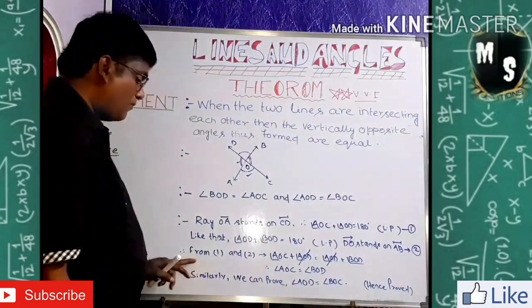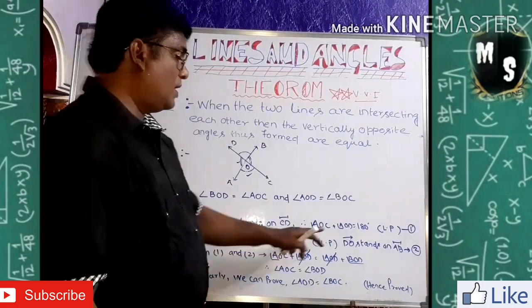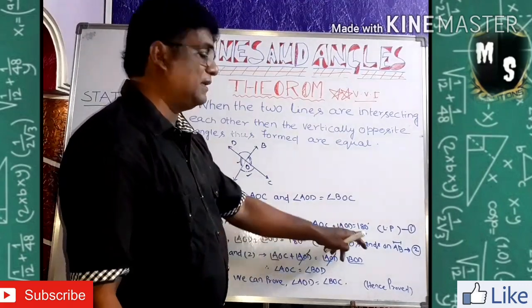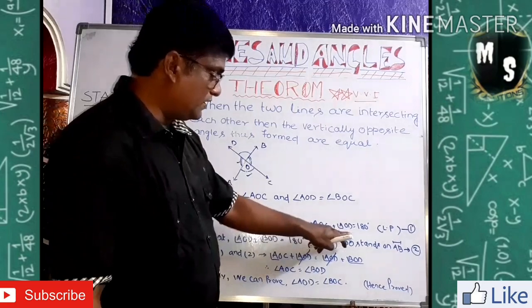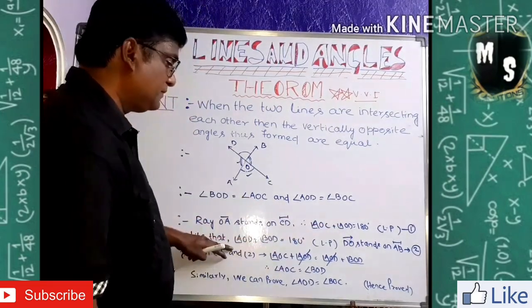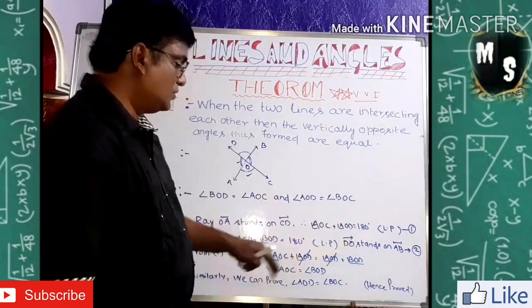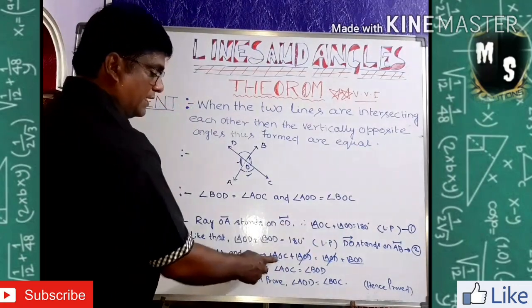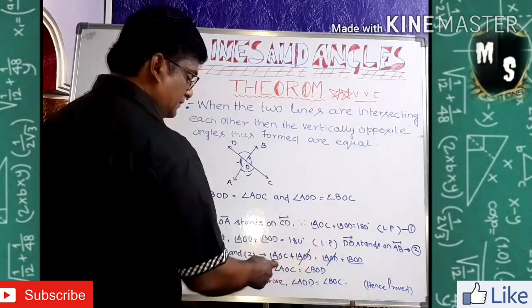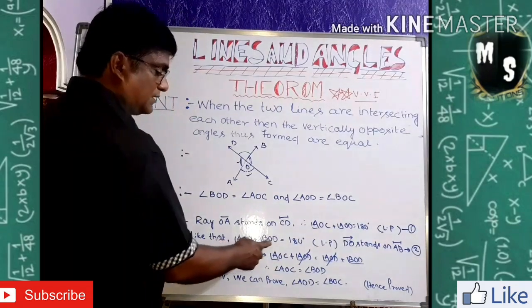Now what did I do? From 1 and 2. Look, this plus this is 180, and this plus this is equal to 180. So this one is equal to this one, because the result is the same for both. So from 1 and 2, AOC plus AOD must be equal to AOD plus BOD.